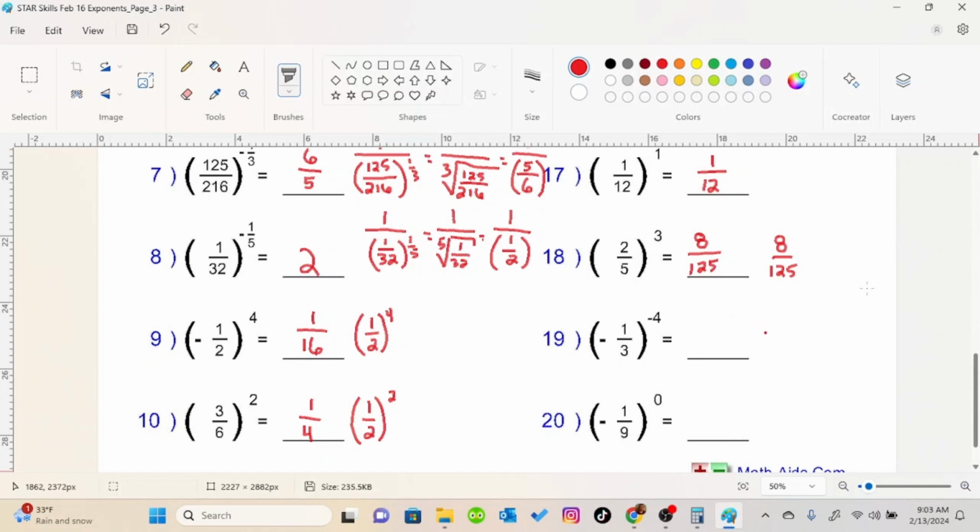Number 19. Negative 1/3 to the power of negative 4. The negative exponent means 1 over.